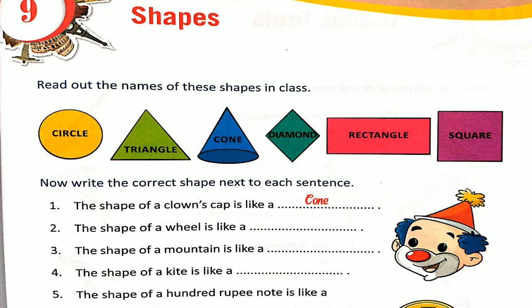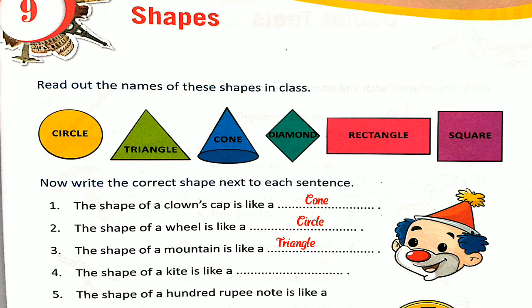The shape of a wheel is like a circle. Very good student. Okay, now number 3. The shape of a mountain is like a triangle. Very good student. So it's a triangle shape.